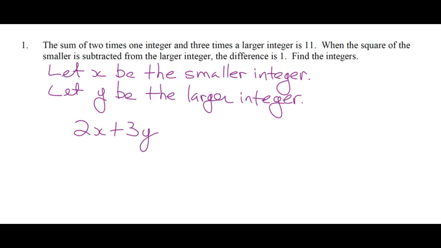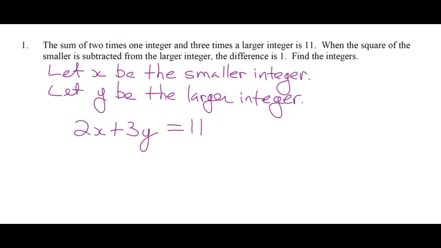The sum of 2 times one integer, we don't even know which one this is, and 3 times a larger. Now we know this is the smaller. So 2x and 3y is, how do I write is? Equals. That's how we write is. The word is in English is the equal sign. I mean, 2x is just shorthand for 2 times x.